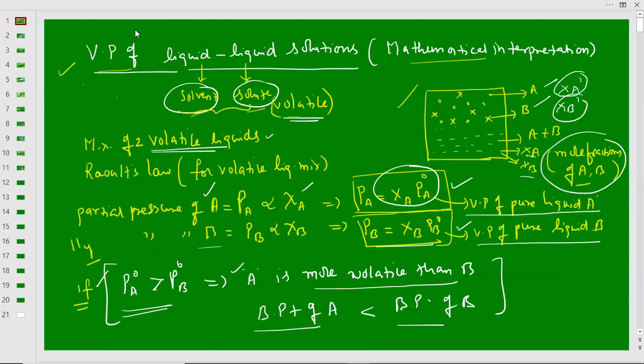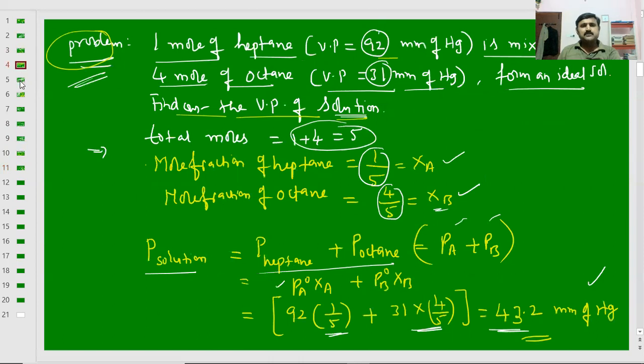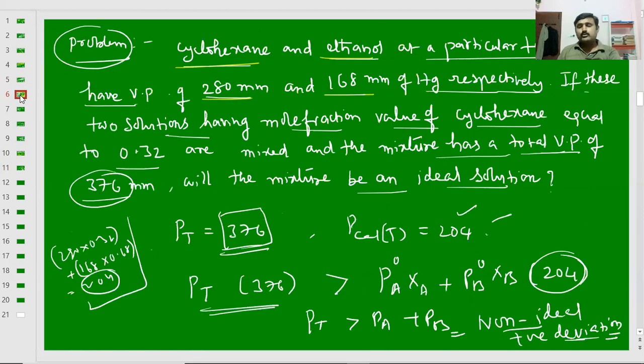In this session, I made different kinds of interpretations. I discussed some problems related to the previous class, vapor pressure, and problems related to Raoult's law.